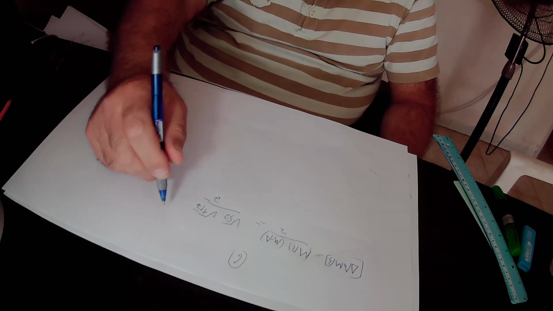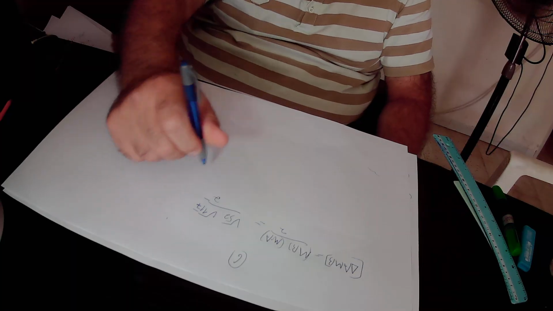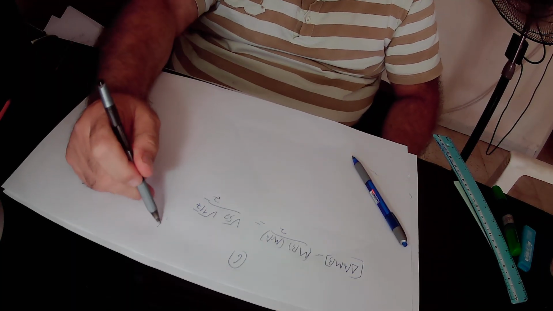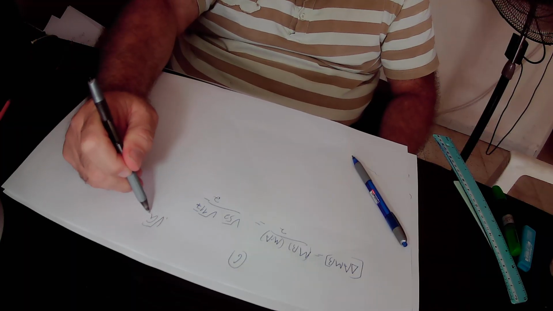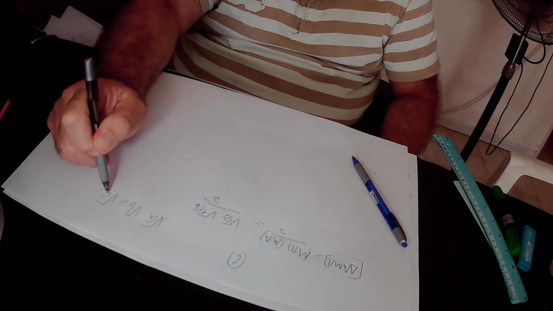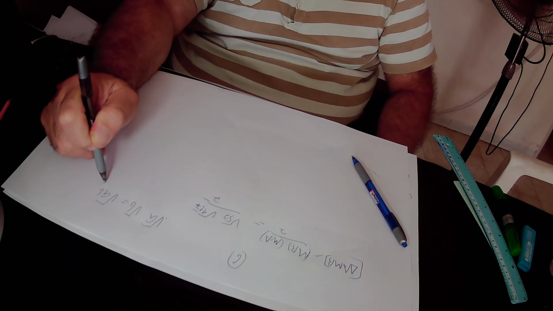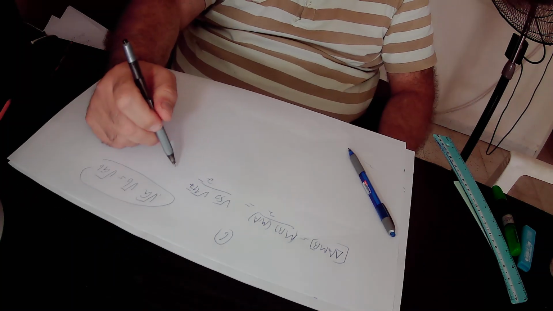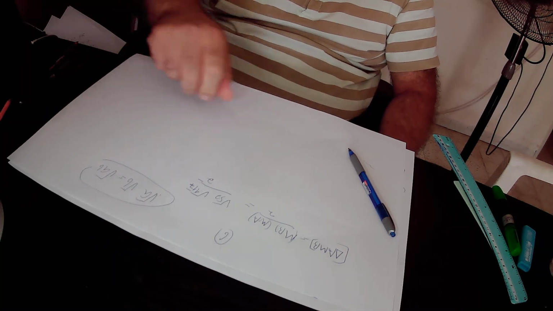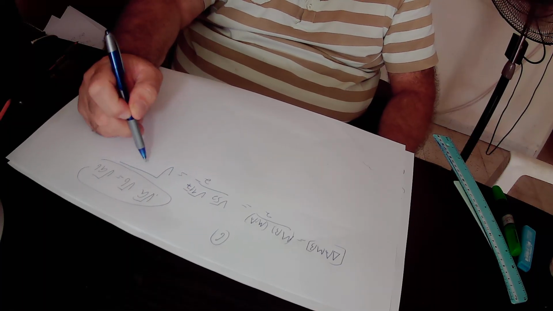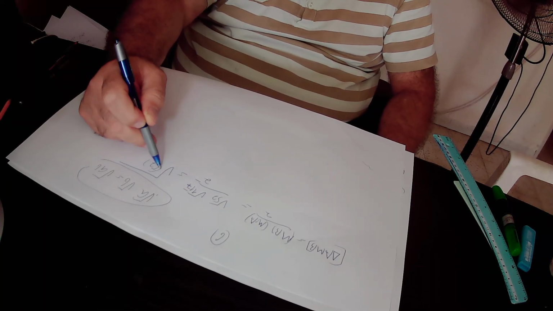We have the algebraic identity that says the square root of A times the square root of B is equal to the square root of A times B. According to this identity, the square root of 52 times the square root of 117 equals the square root of 52 times 117.